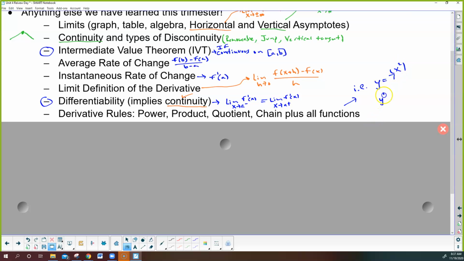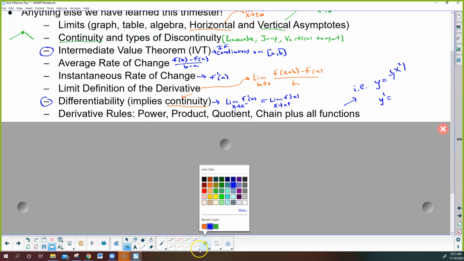What is the derivative of that? All right. So hopefully that should be a 30-second problem.